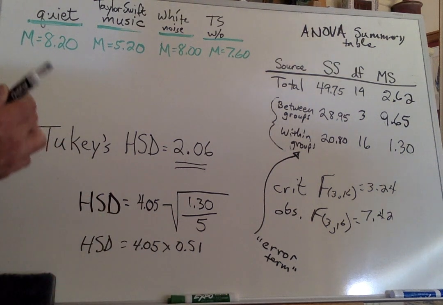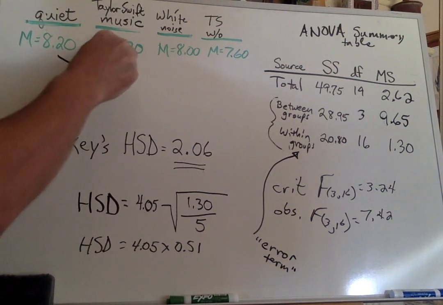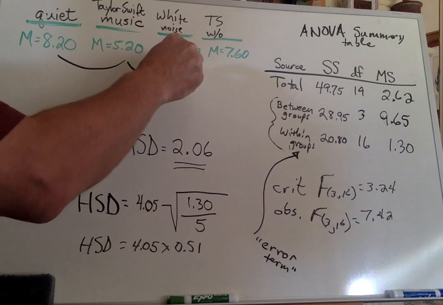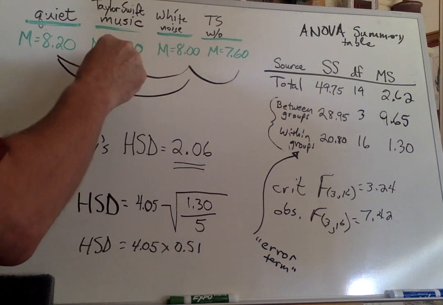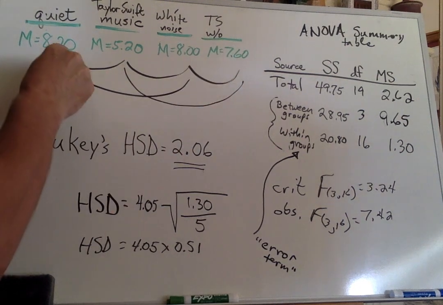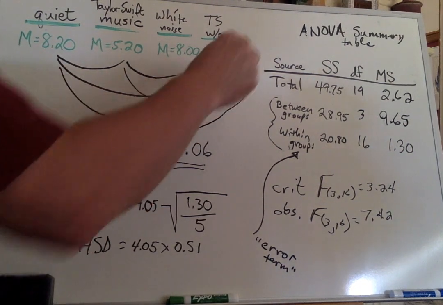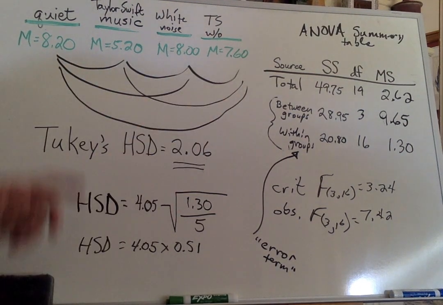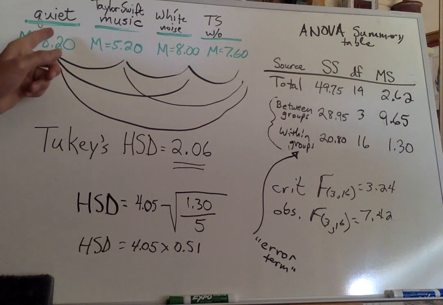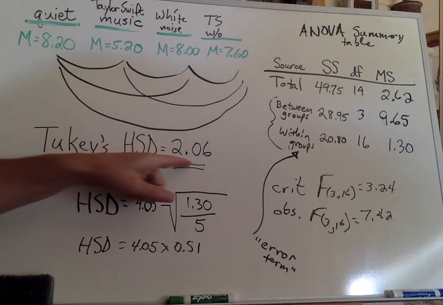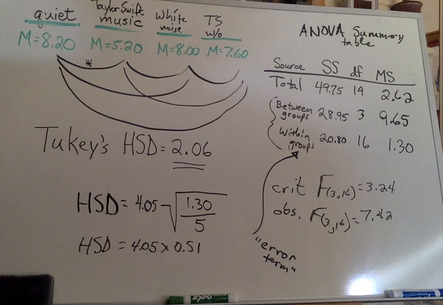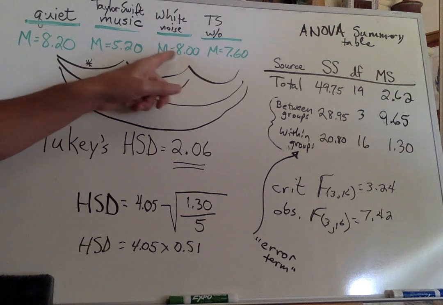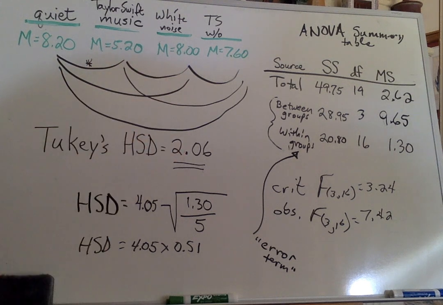Okay, so now we're going to do all of our pairwise comparisons. We started off this way 2 videos ago. So, are these 2 means more than 2.06 apart? The answer is yes. So we're going to put an asterisk there. This is different than this. Are these 2 more than 2.06 apart?